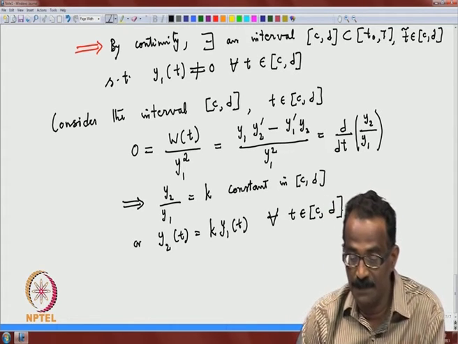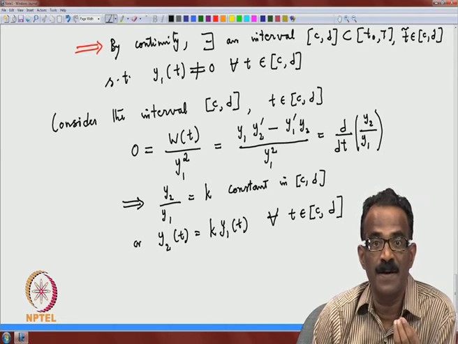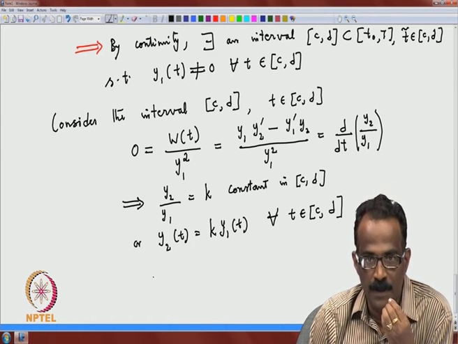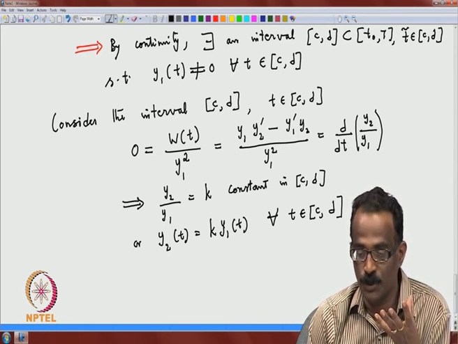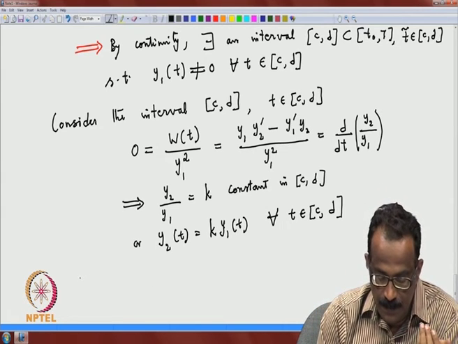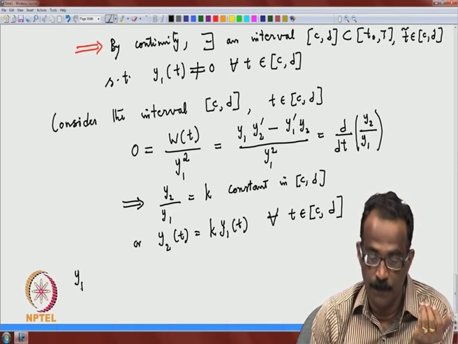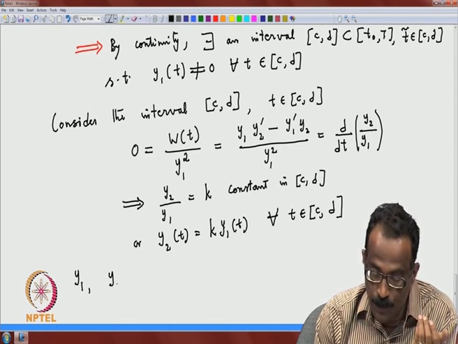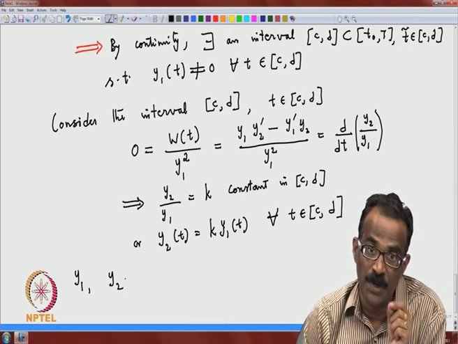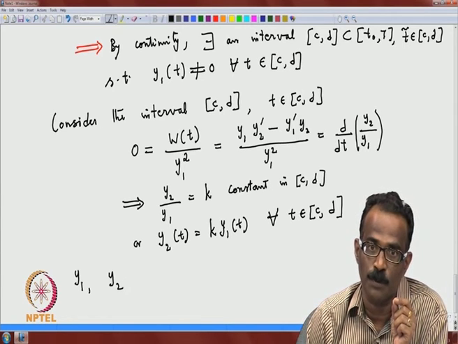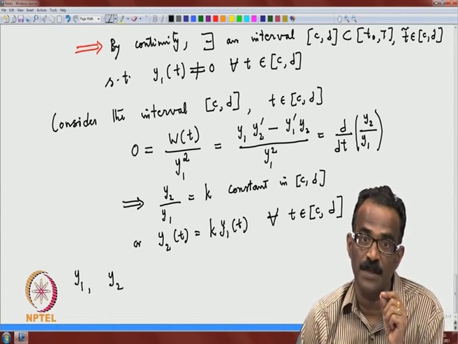Now, this is where you have to use cleverly that the initial value problem has a unique solution. Consider y1 is a solution to the homogeneous problem, and y2 is a solution to your homogeneous problem. Whenever you have a solution to your homogeneous problem, any multiple of that is also a solution.